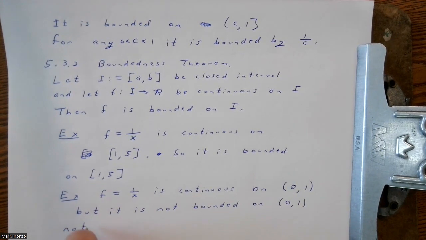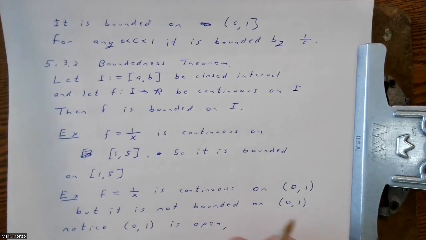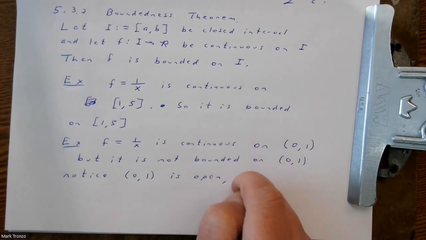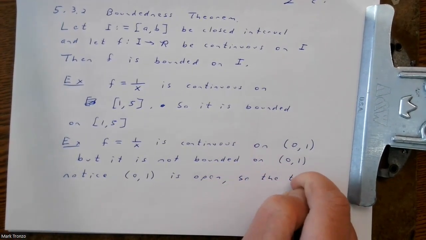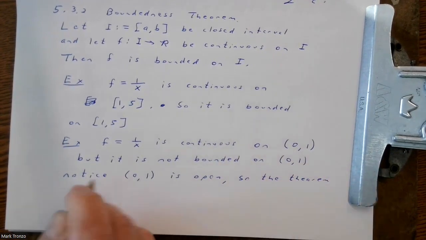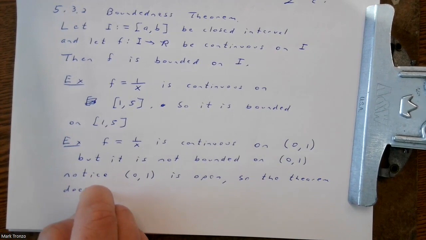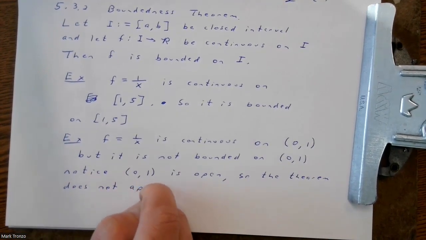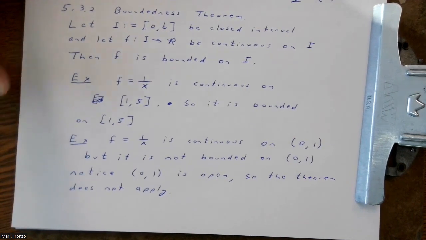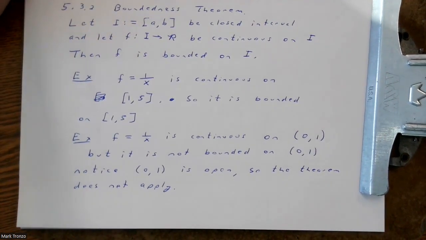Notice that 0 to 1 is open, so the theorem does not apply, because the theorem only applies to closed intervals. That's why you can find something here where it's continuous, but it's not bounded.